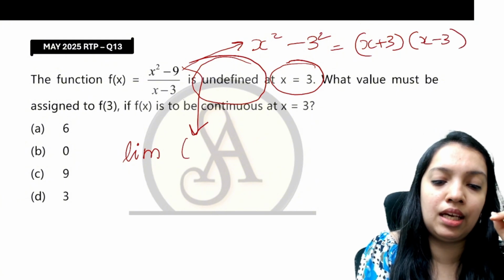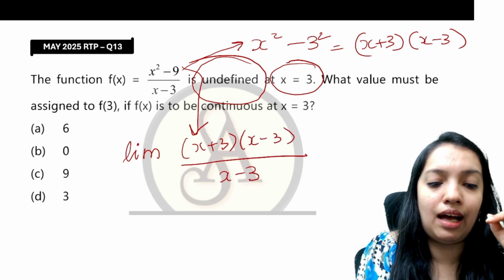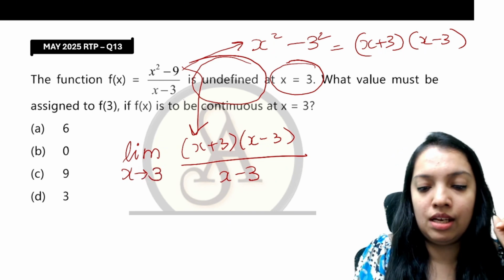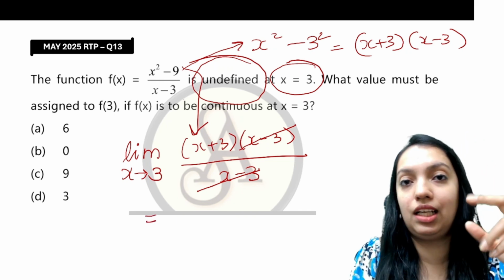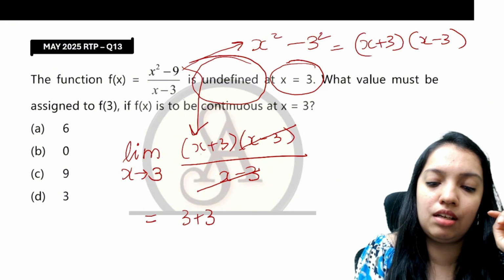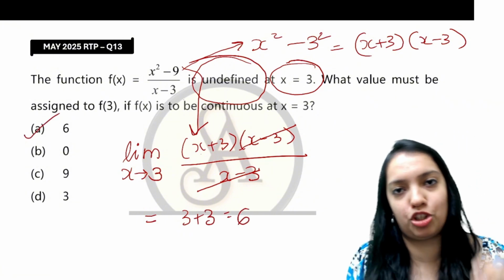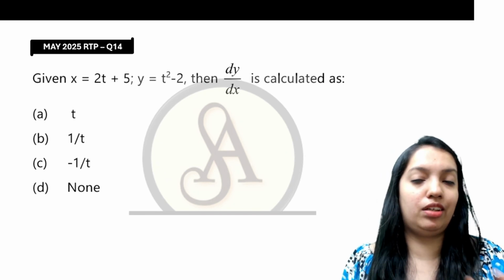So this will be (x plus 3)(x minus 3) divided by (x minus 3), and limit x tends to 3. Remember this. Cancel numerator and denominator. Now you can solve directly by replacing the x value. It is going to become 3 plus 3, which is equal to 6. Option A. Next, calculate the derivative of this.